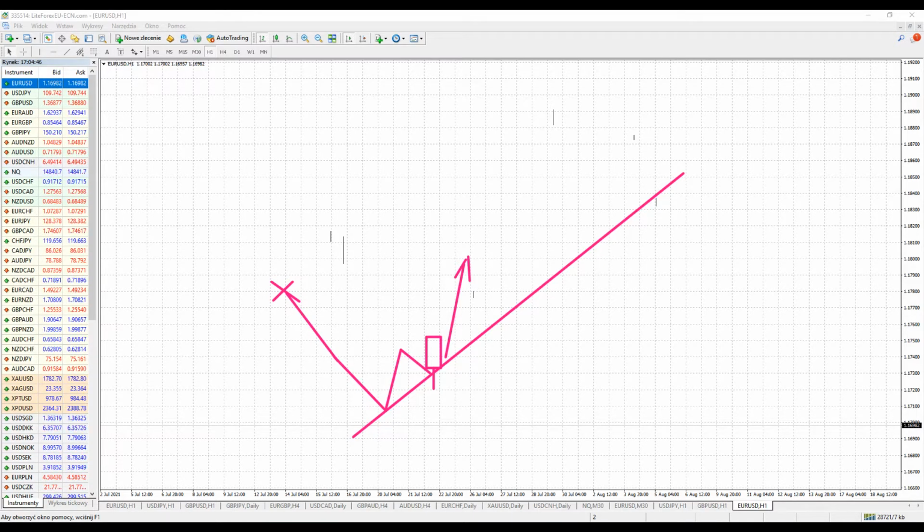On the other hand, it's a little bit tougher, and it's very often killing both longs and shorts when it comes to trading the broken rising trend line.